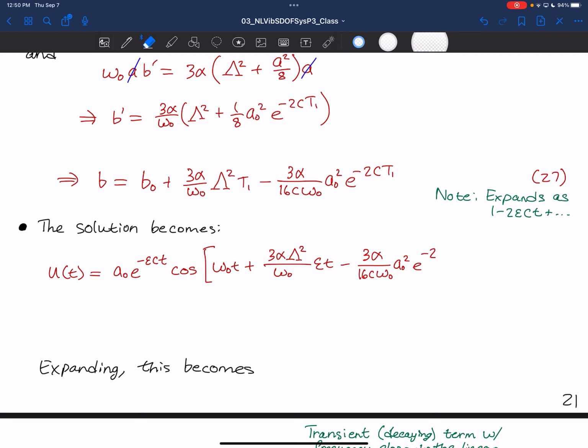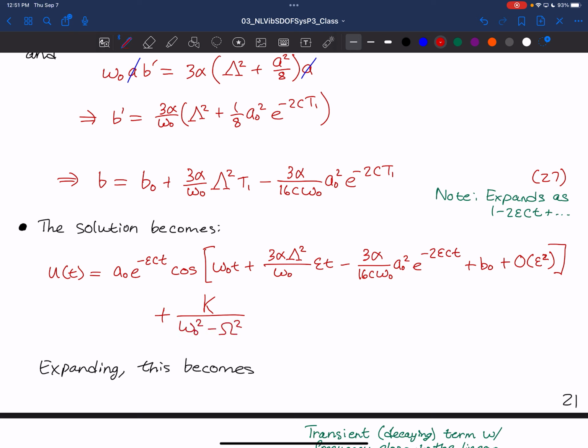In fact, that should be 2 epsilon ct, plus b0 plus order epsilon squared terms, plus k over omega 0 squared minus capital omega squared times the cosine of capital omega t plus order epsilon terms.